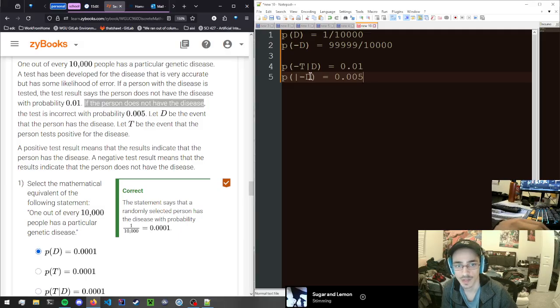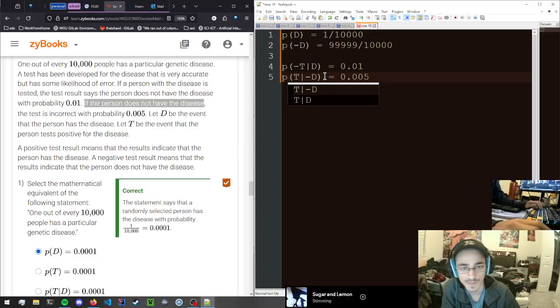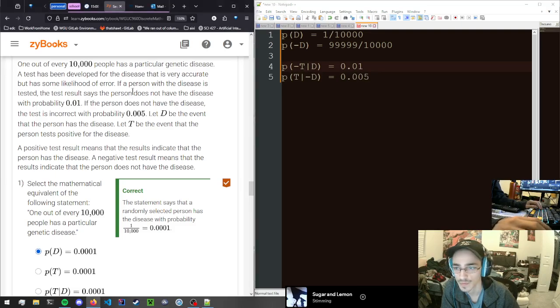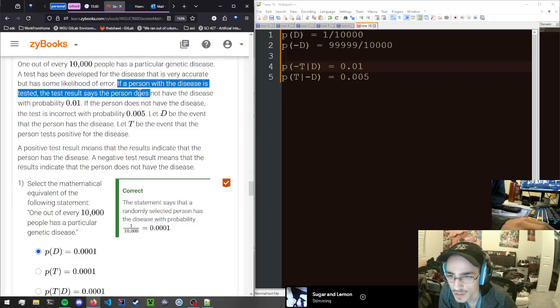Oh, so if they don't have it, it'll say that they will have it, because that's the incorrect thing. Wait, what? So what if a person with the disease is tested? The result says that the person does not have the disease with 0.01%.